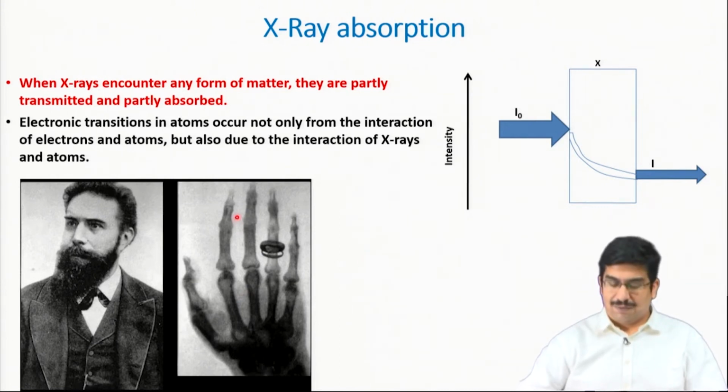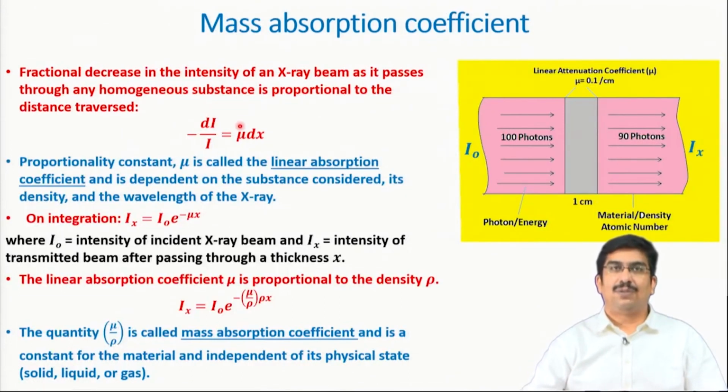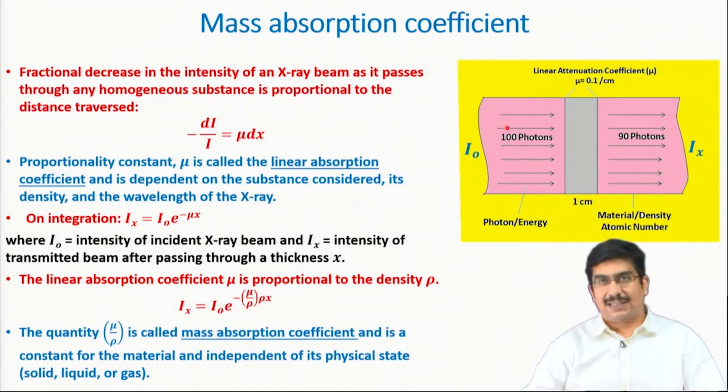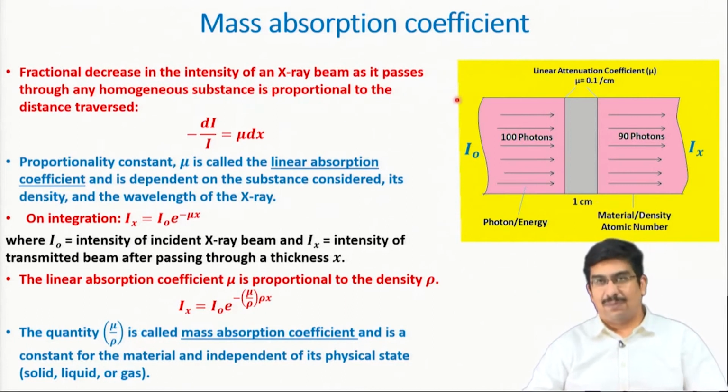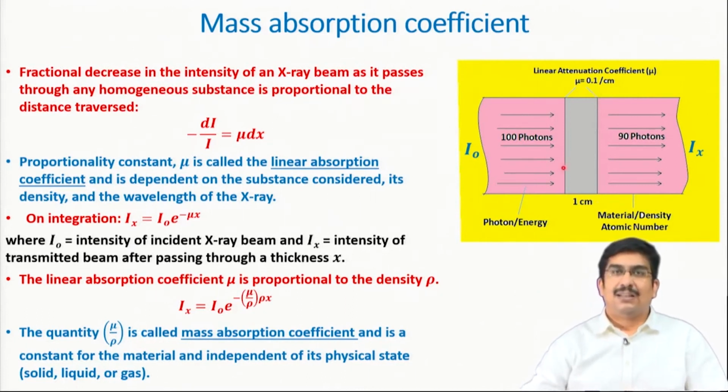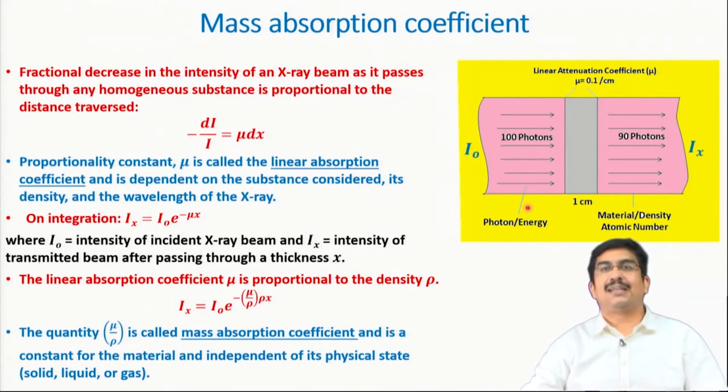That is the basis of radiography, and today we will discuss the mass absorption coefficient, and before that the linear absorption coefficient. If we think about any material of a finite thickness, with the X-ray source on this side hitting the material, and we measure the X-ray intensity on the other side, we see that the decrease in the intensity of the X-ray beam as it passes through the material is proportional to the distance it travels.